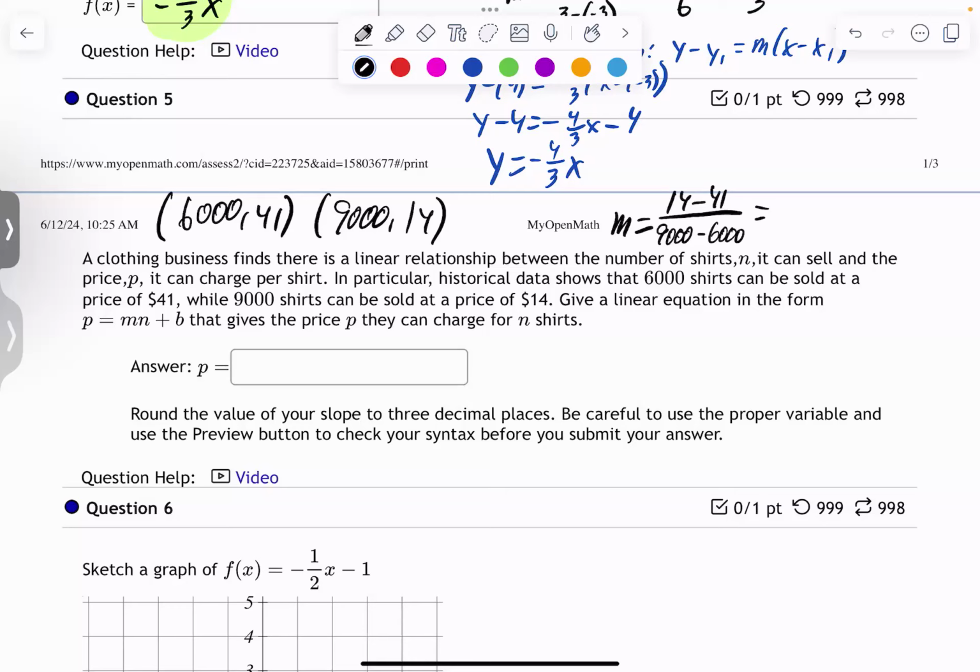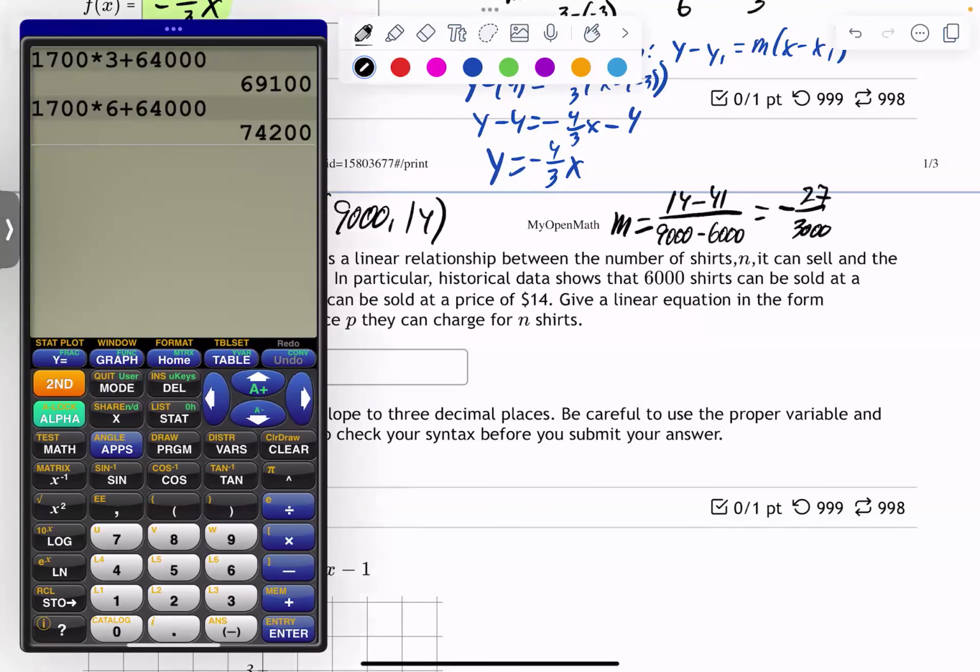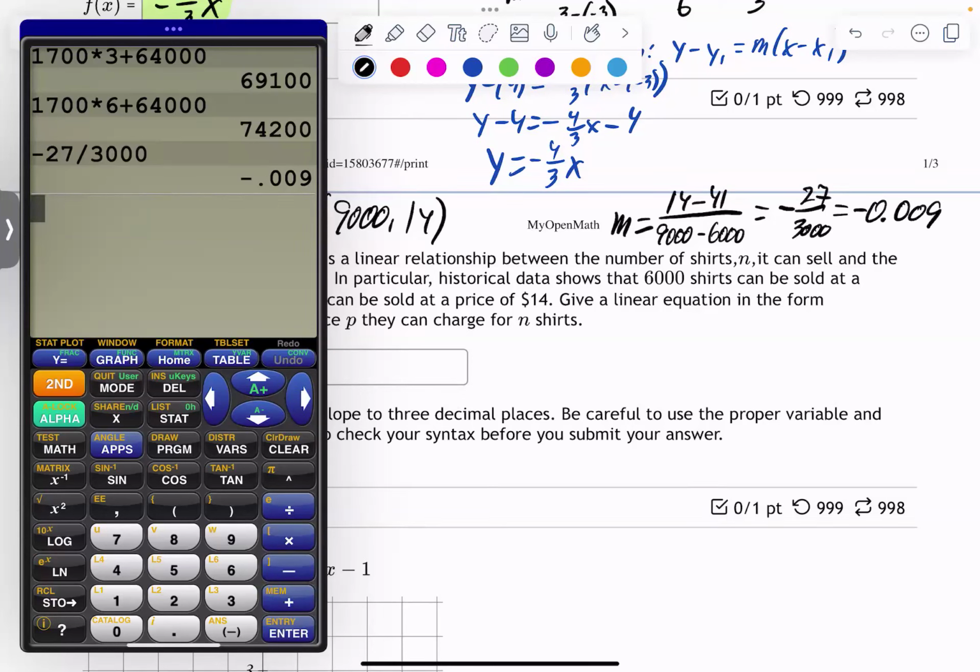And that is going to give us negative 27 over 3,000. And when I divide that out, I'm going to get negative 0.009. Now that's my slope.